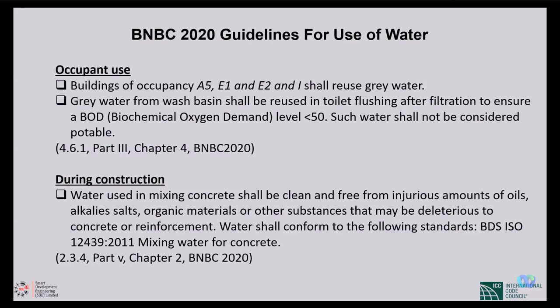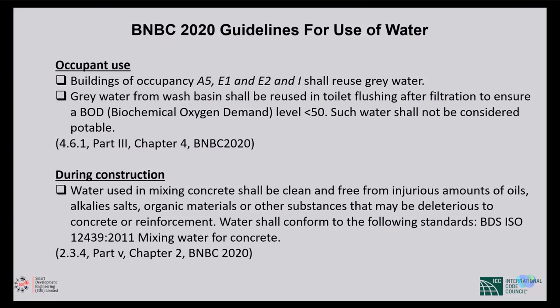And during construction, BNBC talks about having water clean and free from injurious amounts of oils, alkali salts, and other things. And the standard you have to follow is BDS ISO 12439:2011 for mixing water for concrete. You will find that in chapter 2.3.4, part 5, chapter 2, BNBC 2020.